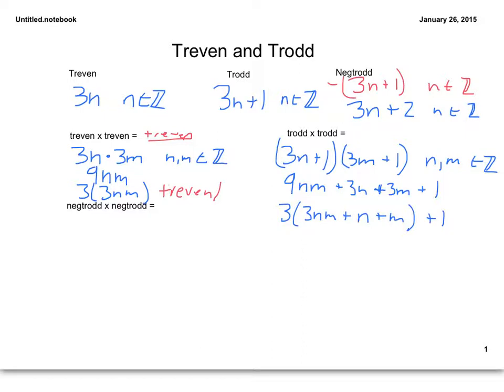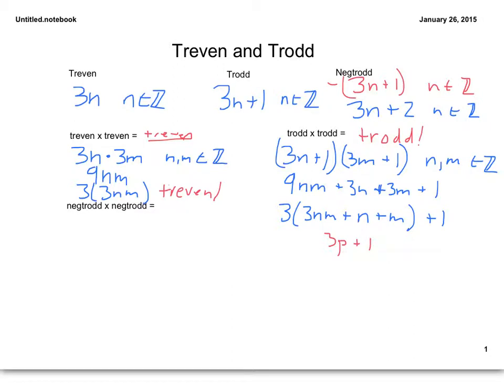So I do that, and the leftovers, 3nm. Factor out of 3 here, I get n. Factor out of 3 here, I get m. And then the leftover, a little plus 1. All of this here, n and m are integers, so multiply, add. This is still an integer, and I have 3 times some integer plus 1, and that is in the form of a trodd number. I'll write it as a little 3 plus p there, but trodd times trodd is trodd.